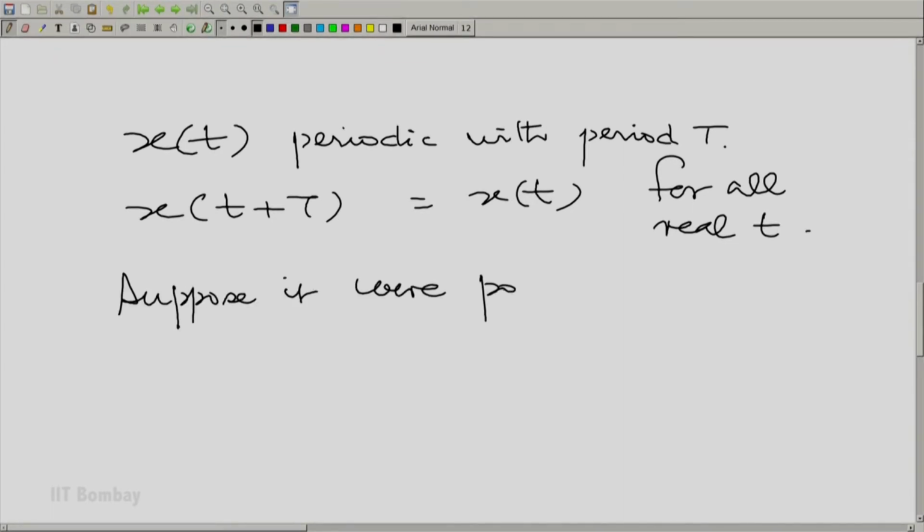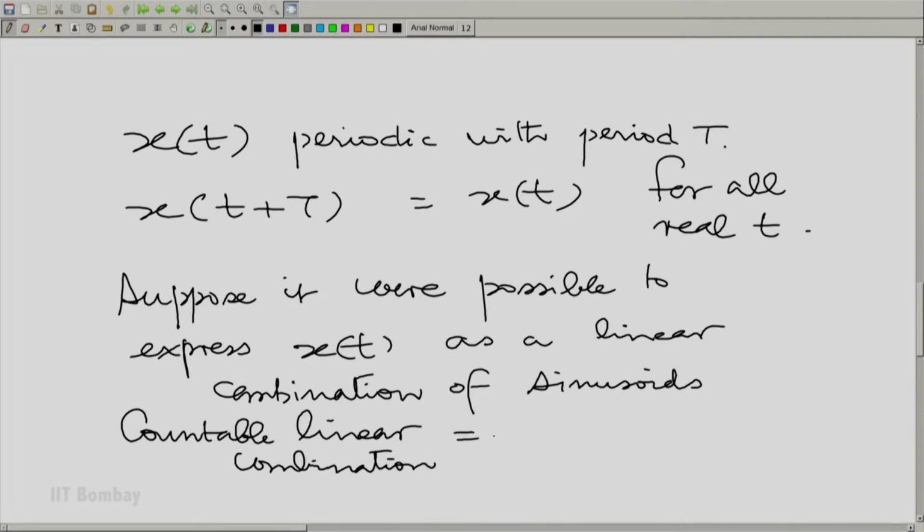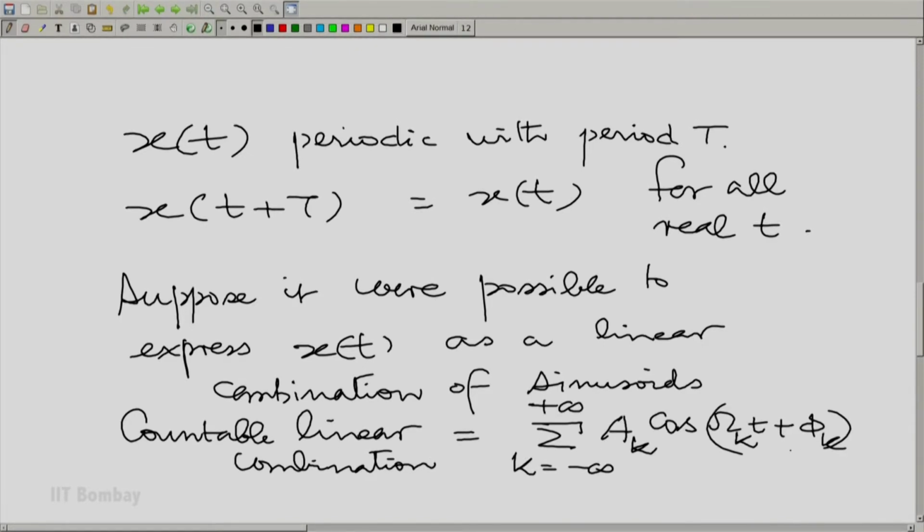And suppose it were possible to express x(t) as a linear combination of sinusoids. In other words, not a finite, but let us take a countably infinite, a countable linear combination.